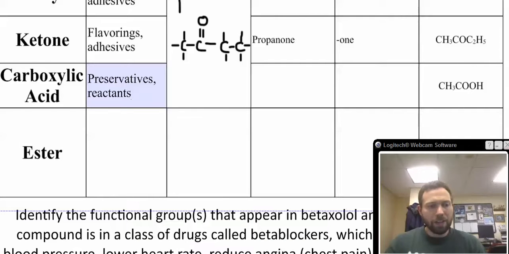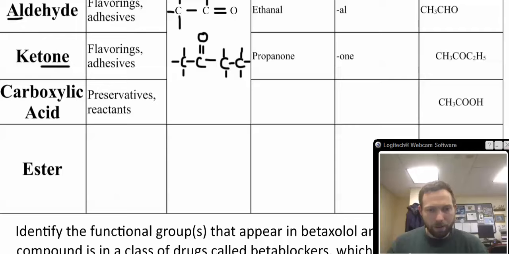In terms of the structure of this, this functional group is at the end, and I'll draw it here. So if you have a carboxylic group, you're going to have a double bonded oxygen here, but then you're also going to have an OH at the end as well.